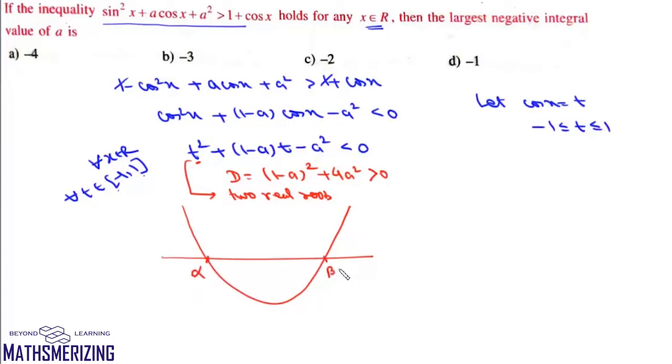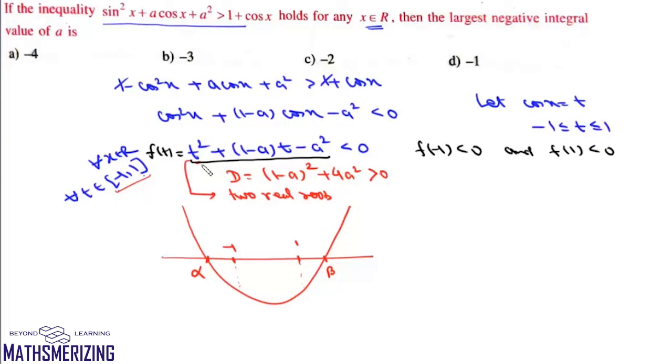Now it says this expression should always be negative. So the value of this expression is negative within minus 1 and plus 1 only if minus 1 and plus 1, both of them, lie between alpha and beta. Now if we take this expression as some function of t, say f(t), then clearly f(minus 1) should be less than 0 and f(1) should also be less than 0.